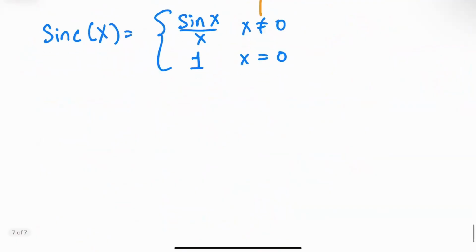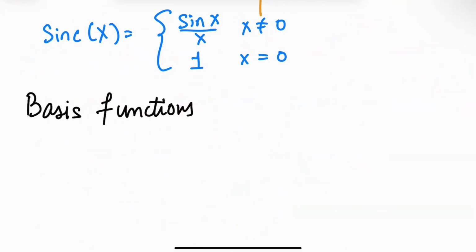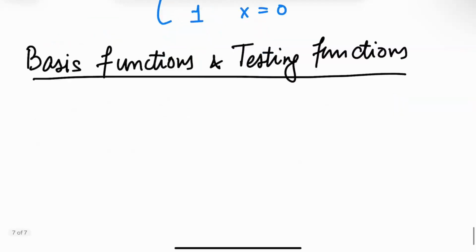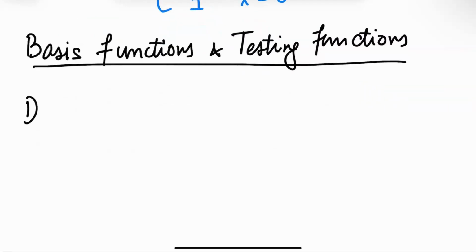Okay. Now, in terms of the choice of the basis functions, that's the second practical consideration, and testing functions. How do you choose these functions, right? The typical approach, which is very popular, is called Galerkin's method.